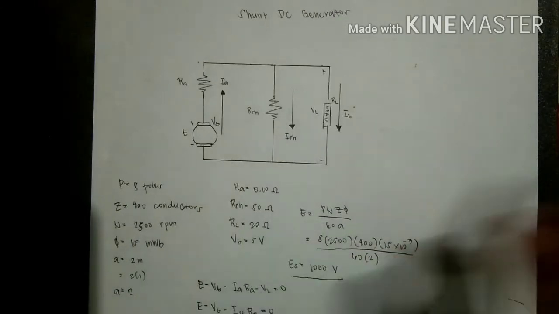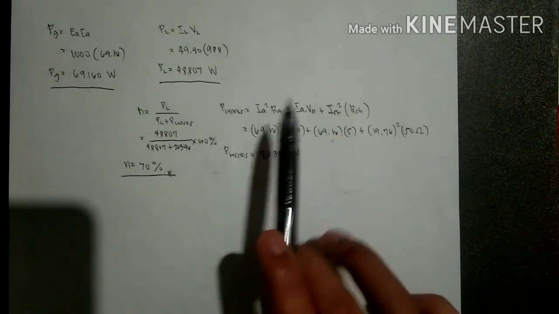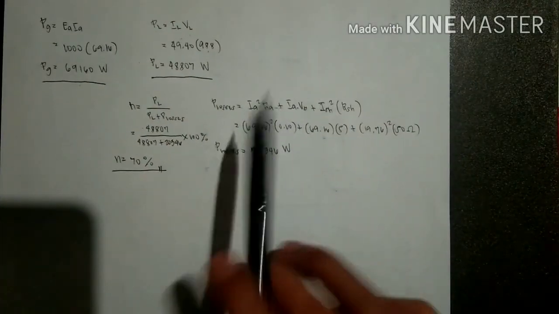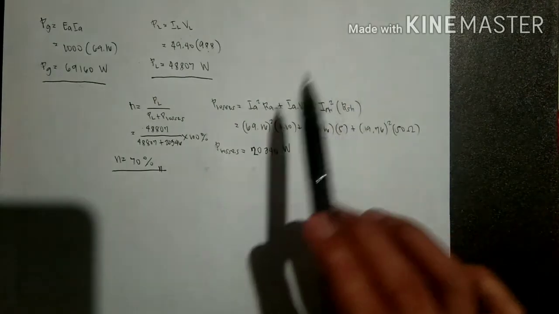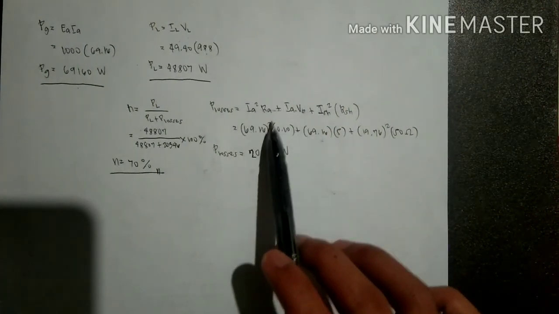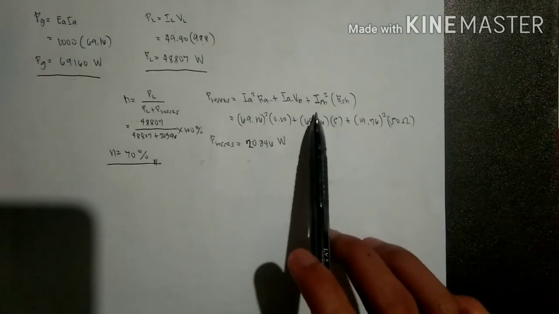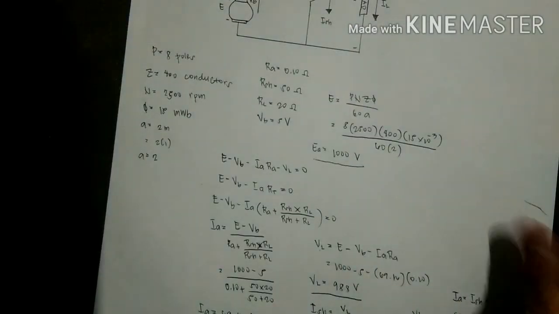Now we calculate all the total power losses of our generator: I squared times RA, and we simply put all the values given a while ago.